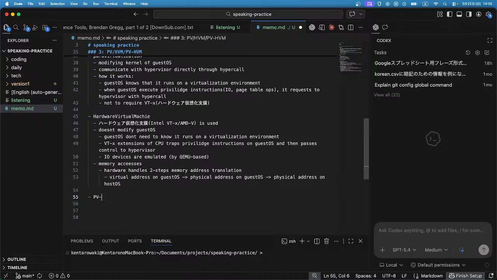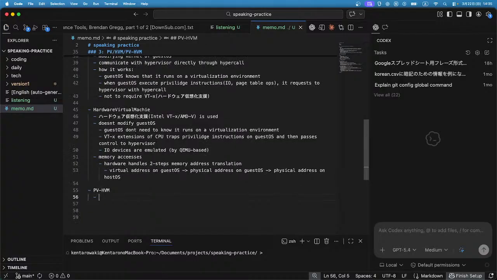And what is PVHVM? Para virtualized hardware virtual machine.